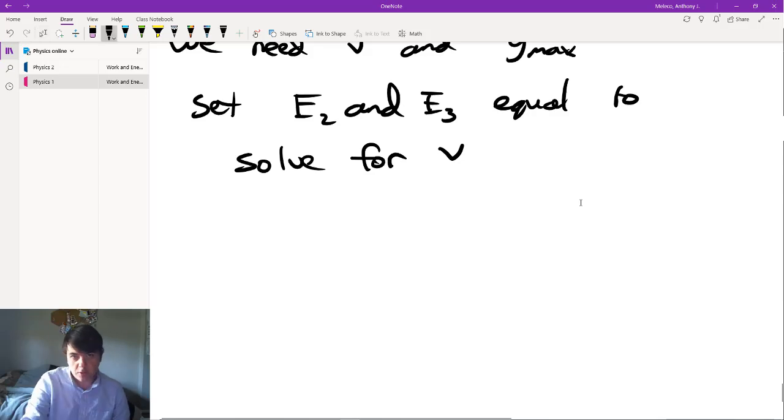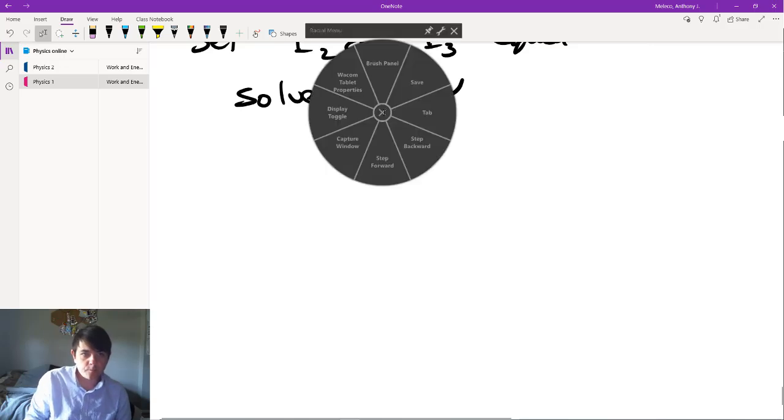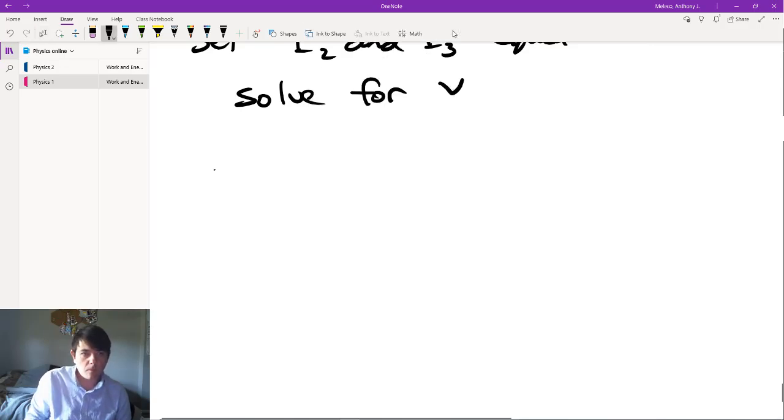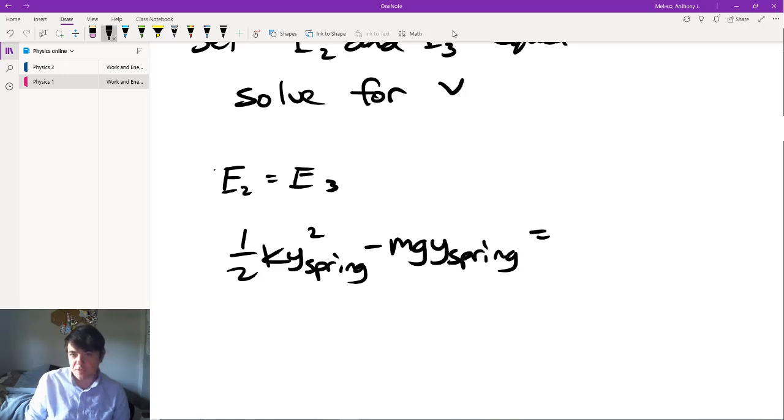So, E2, we just wrote it, 1/2 k y spring squared, minus mg y spring, that's E2. E3 is 1/2 mv squared. We need to solve for this.